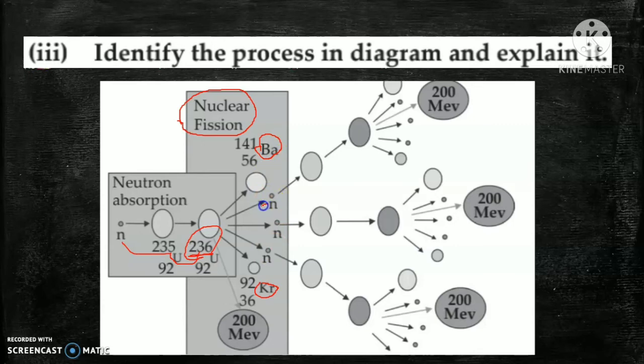This is the first neutron which is released, the second neutron and the third neutron, along with 200 MeV of energy.